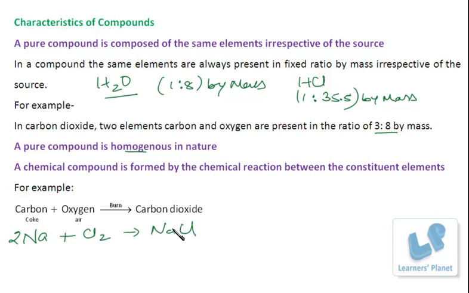So, there is a chemical reaction taking place between the constituent elements in order to form compounds. Otherwise, compounds cannot be formed. Water: H2 plus O2, hydrogen reacts with oxygen, giving H2O. So, a compound is formed by the chemical reaction between the constituent elements.